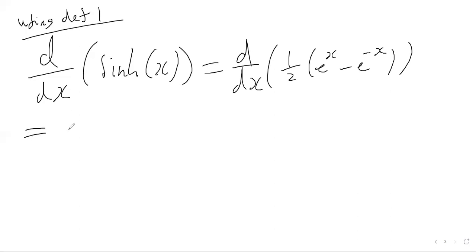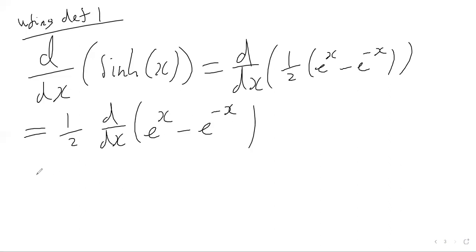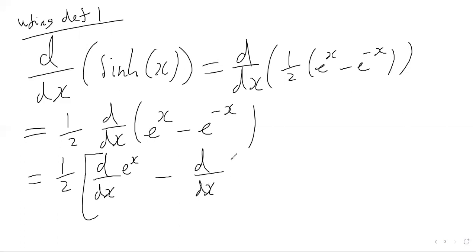I'm going to take that half outside the differentiation because it's a constant. We can differentiate the e to the x and the negative e to the negative x separately, since differentiation is a linear operator. So we differentiate e to the x, then we take away the derivative of e to the negative x.